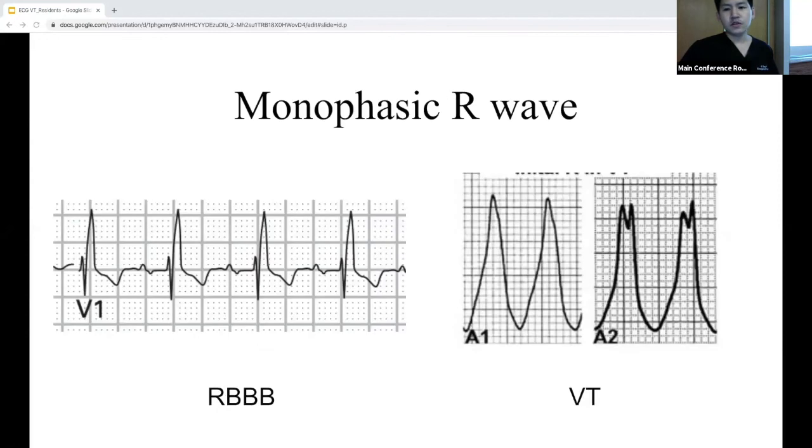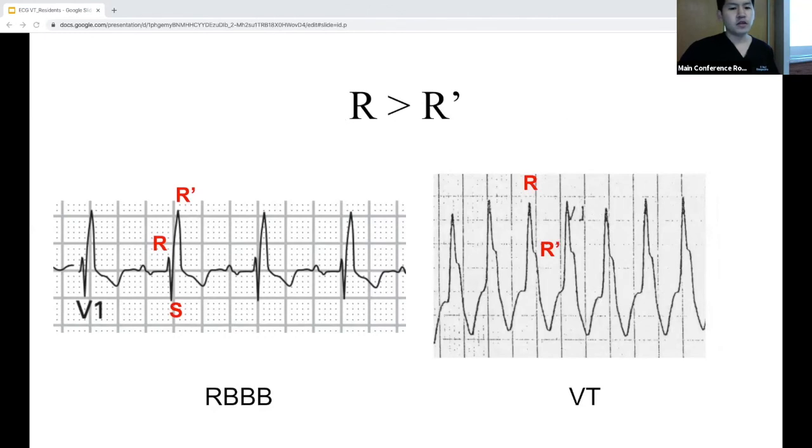So when you're in VTAC, there typically isn't a triphasic RSR prime wave in V1, V2, and instead you can find one of 3 findings. You can either have a monophasic R wave, which you see here, which is basically just one big wave without an S wave, or you can have an R prime wave without the S. Typically, the R prime is smaller than the R, or in other words, the left bunny ear is bigger than the right.